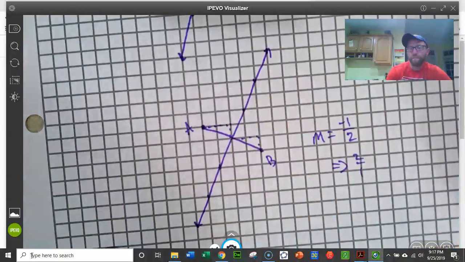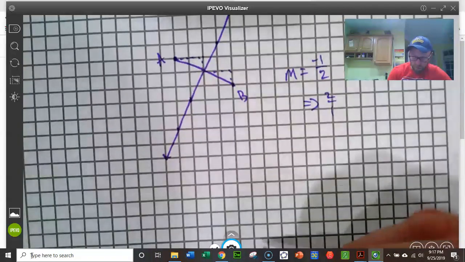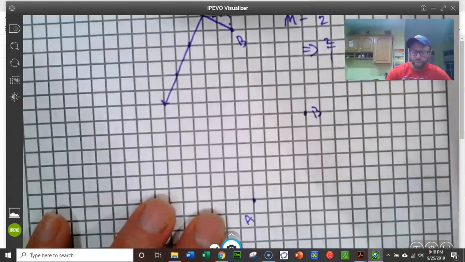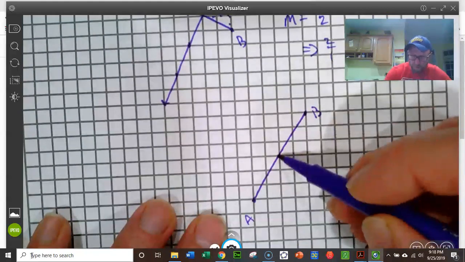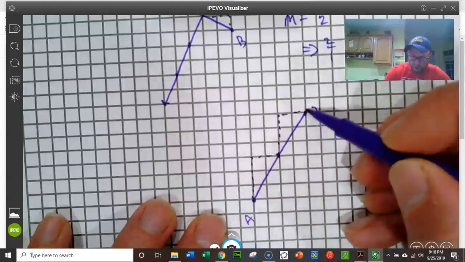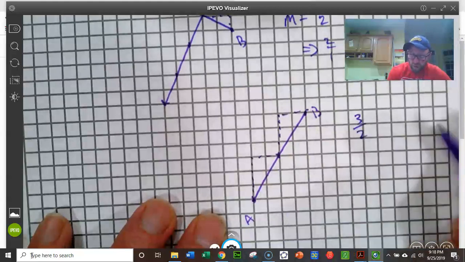Okay. Here's one that's a little trickier. I'll do here and here. So when I connect the two, I notice I have an up 3 over 2, up 3 over 2 pattern. So our slope from A to B is 3 over 2.